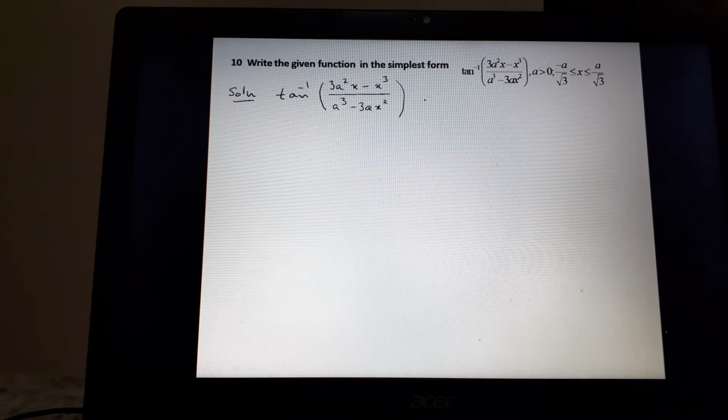A is more than 0, that is minus a divided by root 3. I will take x less than a by root 3. So the purpose is this way here. Therefore what happens? X by a, if you divide this one, minus 1 by 3 less than x by a less than 1 by 3. Let me show you why this condition is necessary later.